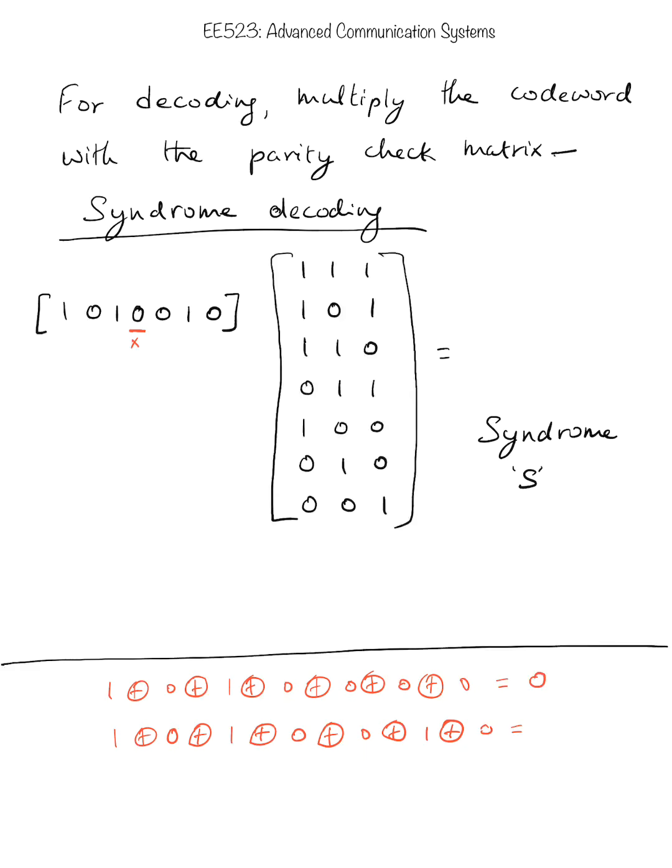So what do we get? 1 plus 1 is 2, plus 1 is 3. It's an odd number, so therefore our 3 modulo 2 will be 1, right? So the second bit in the syndrome is 1.